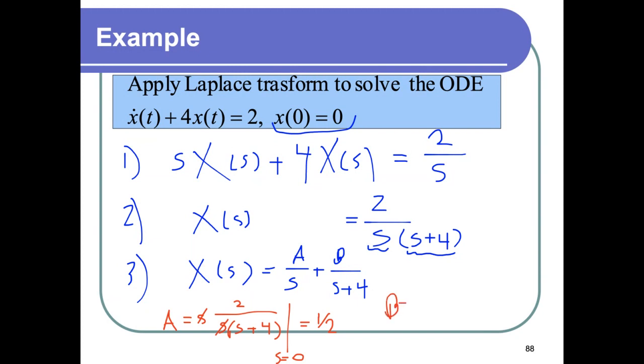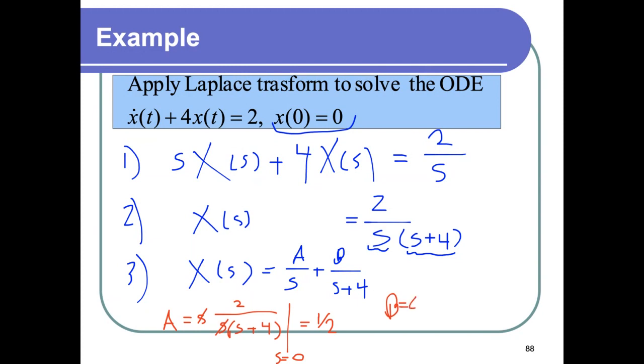Similarly, what is b? Hassan is saying it's minus 1 over 2. Let's verify that.